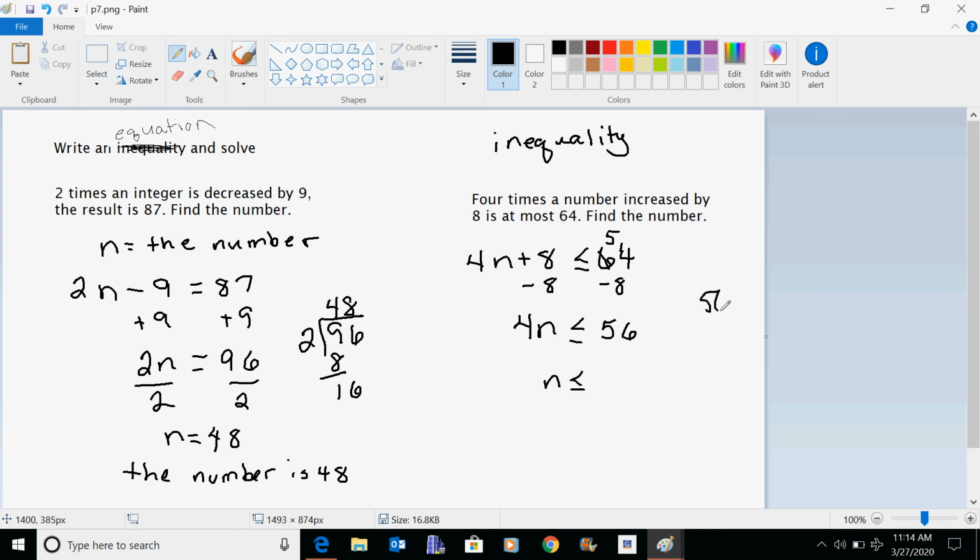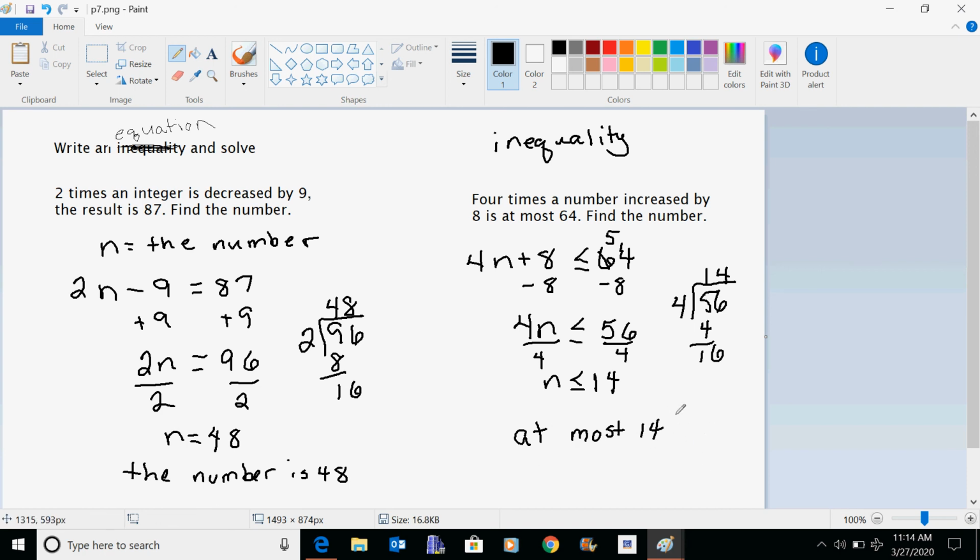Let's see how many times 4 goes into 56, because I'm dividing both sides by 4. 14. So you would then say that the number is at most 14.